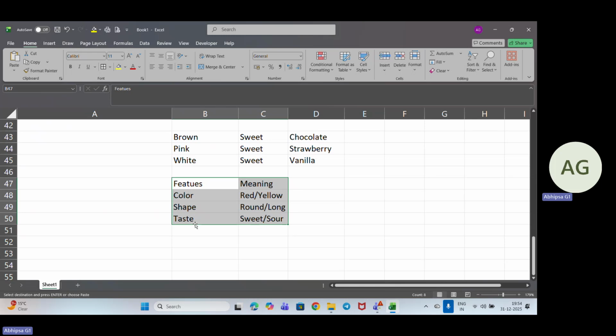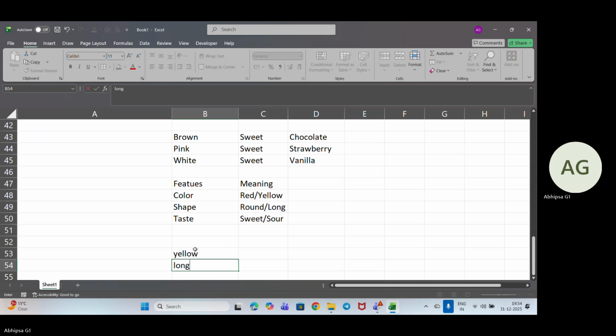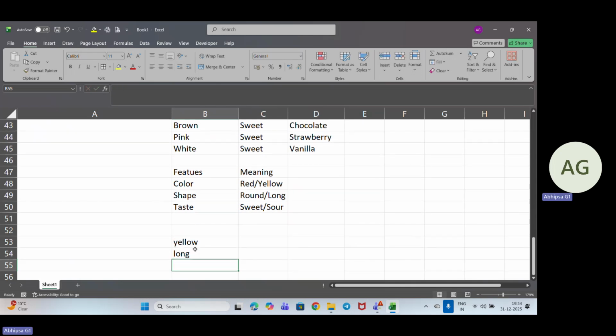Now, suppose we have got a new fruit, and based on these features we have to decide. Suppose the color of the fruit is yellow, the shape is long, and the taste is sweet. Based on these features, the model will say that this fruit is a banana. Okay, so that is a multi-class prediction that we have done.